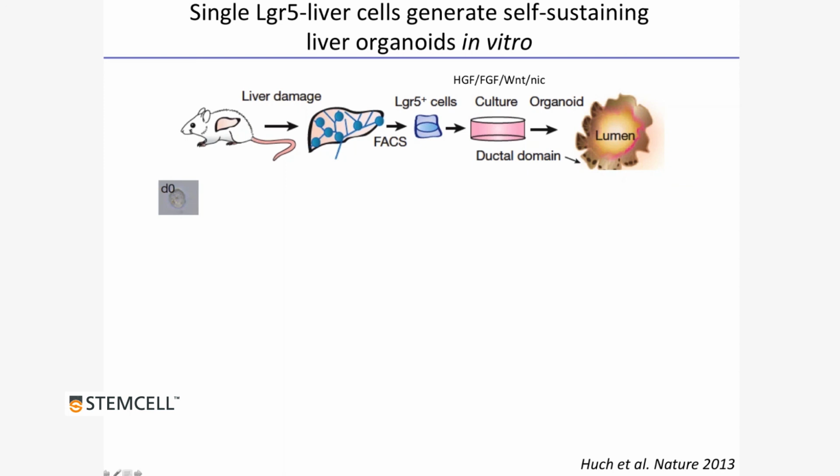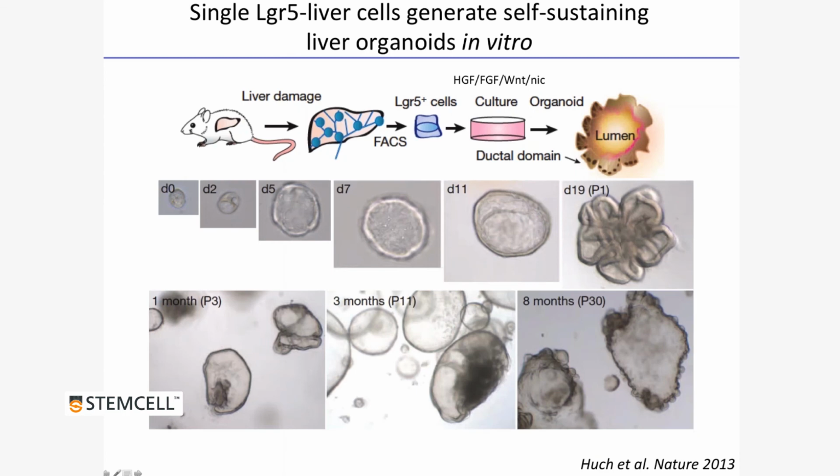When we put these cells in combination with growth factors like HGF and FGF, Wnt and nicotinamide, these cells start proliferating. They generate, again, 3D structures surrounding a central lumen. We can expand them in vitro as much as we want by splitting them, generating from one well 5 to 6 wells every week for more than a year.